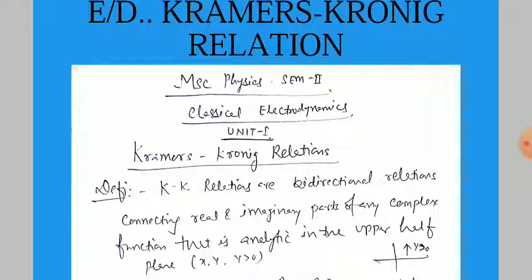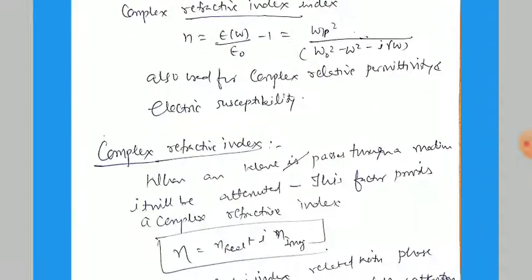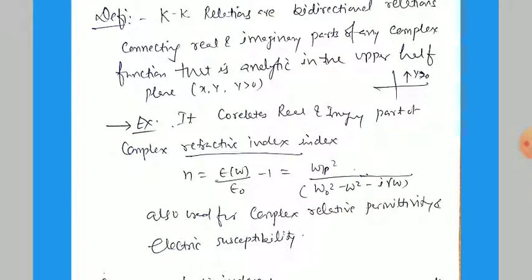Both can be converted to each other, real into imaginary, imaginary into real, and this is used for the upper half, meaning y is greater than 0, just like the figure I have shown. This is the upper half.